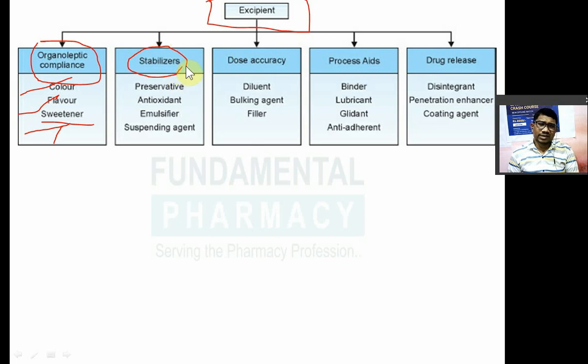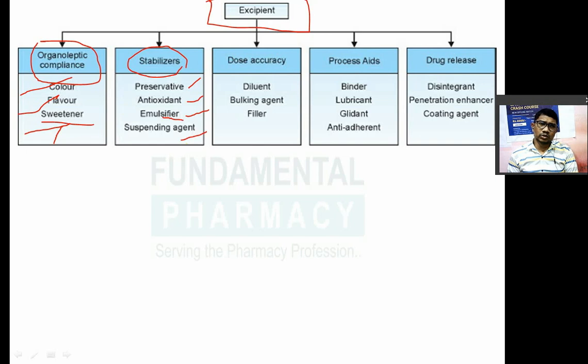Various kinds of stabilizers, for example, to prevent microbial growth, you are using a preservative. To prevent the product from oxidation, like oxidation due to air, light, or free radicals, or microbial spoilage, you are using antioxidants. You are using an emulsifier, you are using a suspending agent in the suspension, you are using an emulsifier in the emulsion and other creams, ointments, and topical dosage forms.